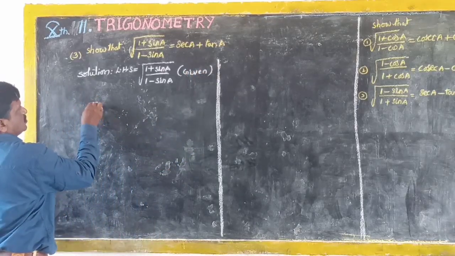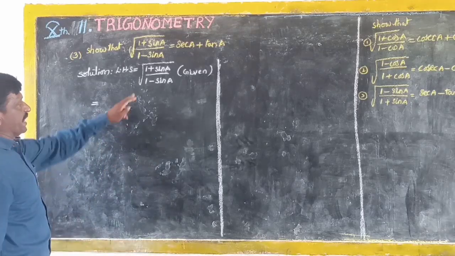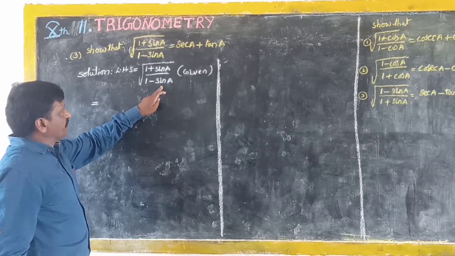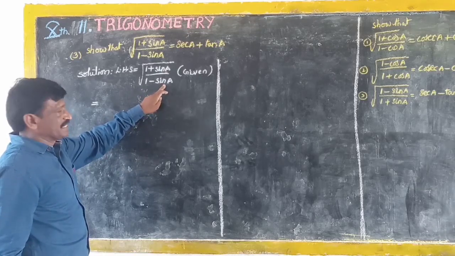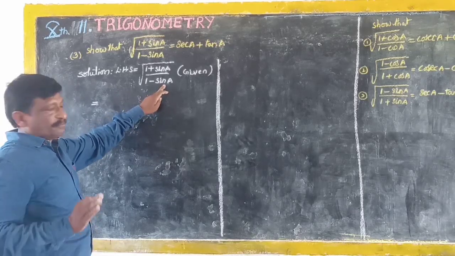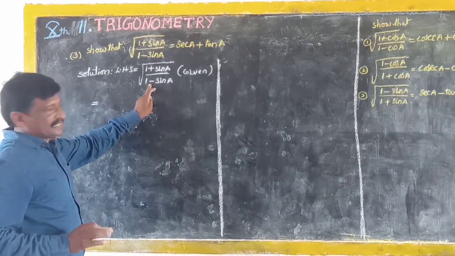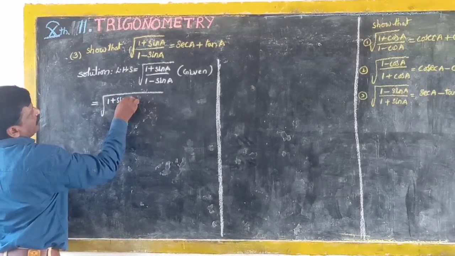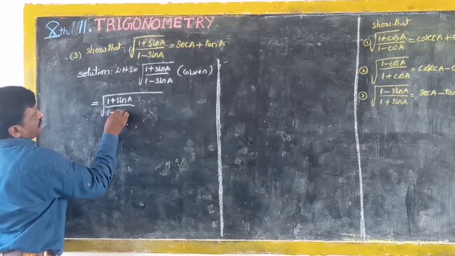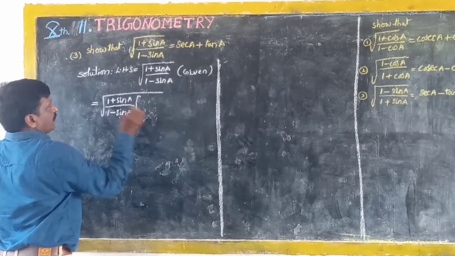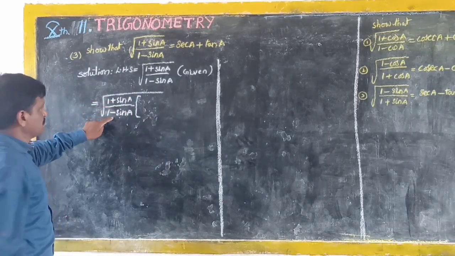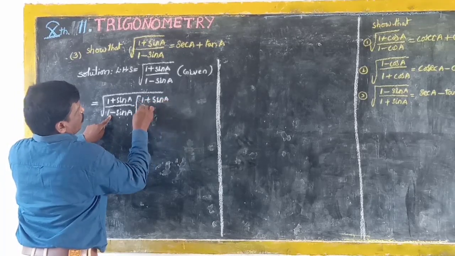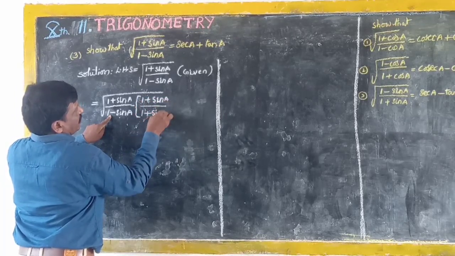Next step, numerator and denominator multiply with 1 plus sin a.